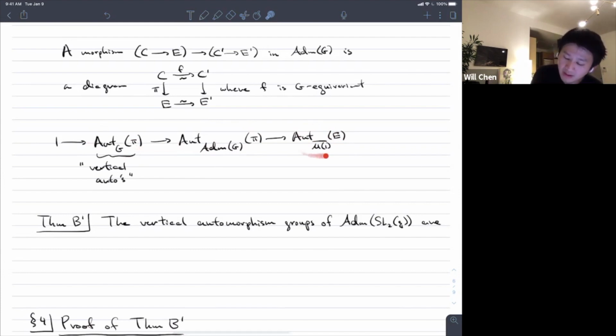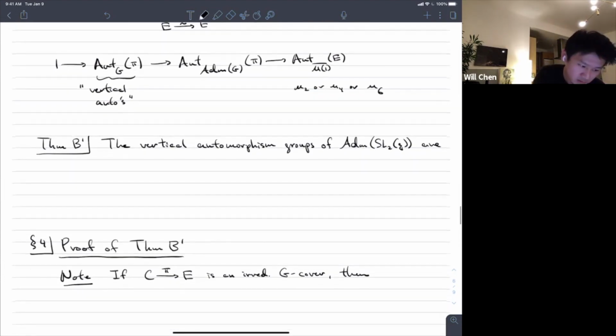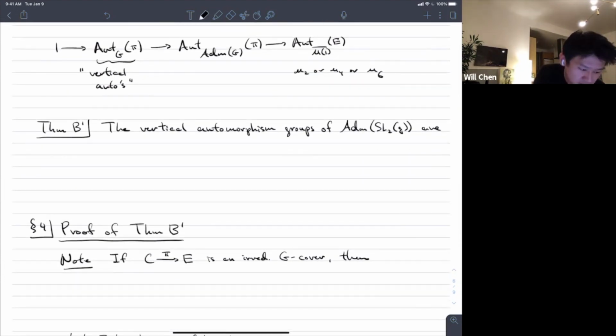You know that the automorphism group of an elliptic curve is either mu2, mu4 or mu6, so this is well controlled. As long as P is at least 3, it'll always be coprime to all of these automorphism groups. So what you really want to control are the vertical automorphism groups of admissible covers. And it turns out that what you can show is that the vertical automorphism groups of all admissible covers are actually isomorphic to the center of SL2Q.